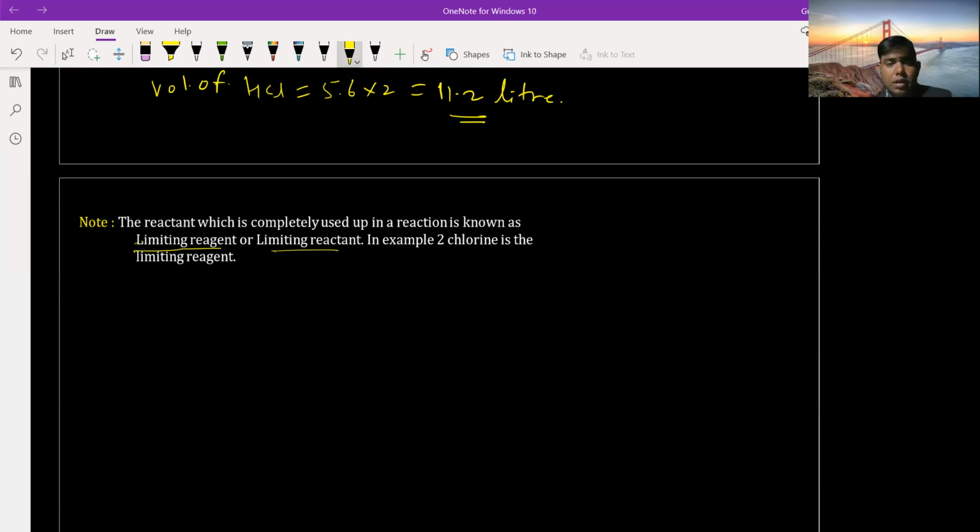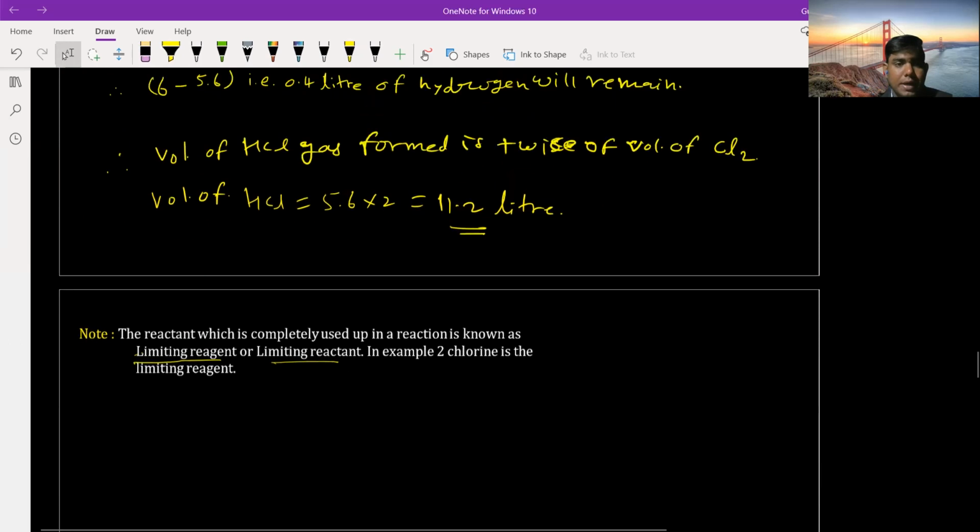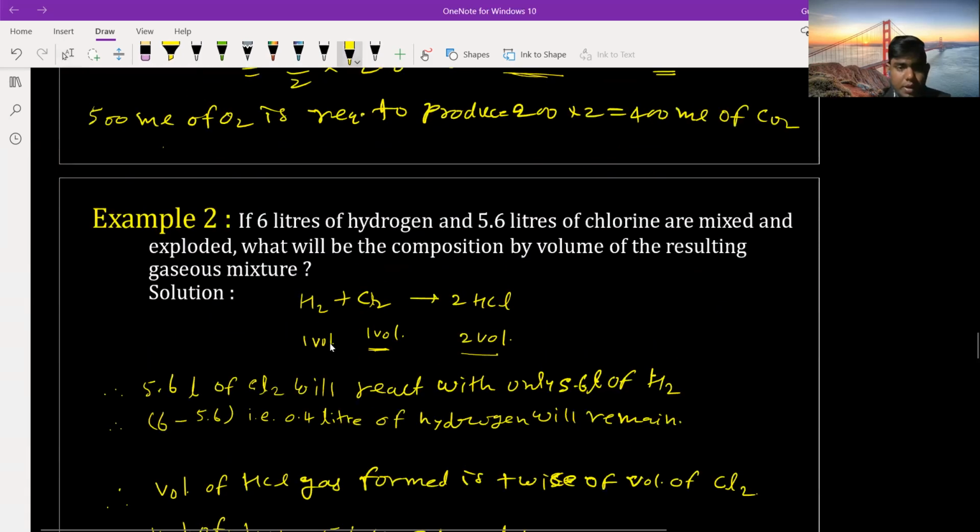In the above example, chlorine is the limiting reagent, ठीक है, मीन्स यहाँ पे हमारा हाइड्रोजन 1 वॉल्यूम और क्लोरीन भी 1 वॉल्यूम दिया गया था, तो 2 वॉल्यूम हमारा HCl मिला था, बट जब हम 5.6 लीटर क्लोरीन ले रहे हैं और 6 लीटर H2 ले रहे हैं, तो 5.6 के साथ में मिलके तो 5.6 ये बना देगा, बट ये कितना बच जाएगा, ये हमारा अभी भी 0.4 लीटर वॉल्यूम बच जाएगा। तो ये एक्सेस मात्रा में, ये कम मात्रा में, तो ये जल्दी खत्म हो जाएगा, तो हमारा लिमिटिंग रिएजेंट Cl2 हो गया, ठीक है.